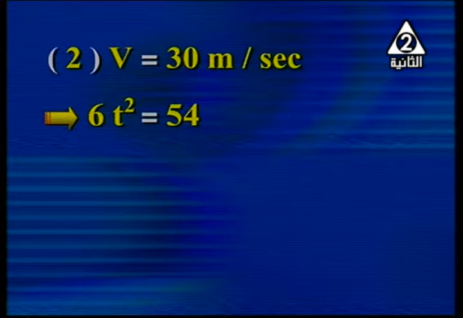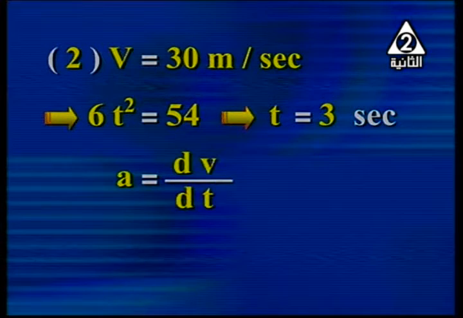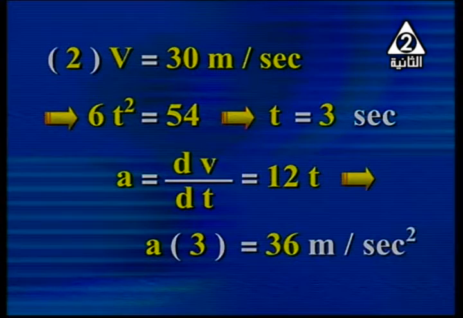When v equals 30 meter per second, 6t squared equals 54, t equals 3 seconds. Acceleration equals dv by dt, 12t, at t equals 3, then acceleration is 36.